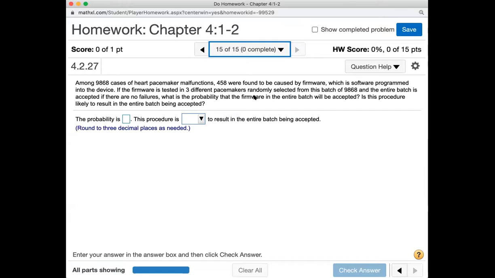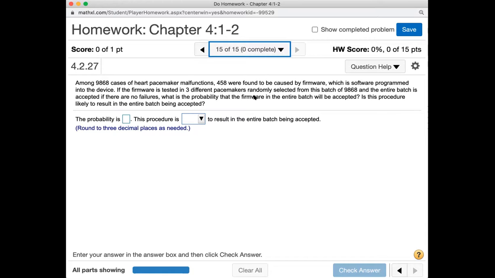9,868 cases of heart pacemaker malfunctions, 458 were found to be caused by the formula. So from the first sentence, we can figure out the probability that the heart pacemaker malfunctions were caused by the formula, which is 458 over 9,868, right?